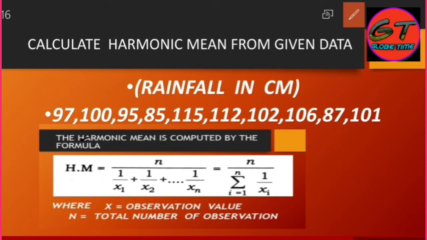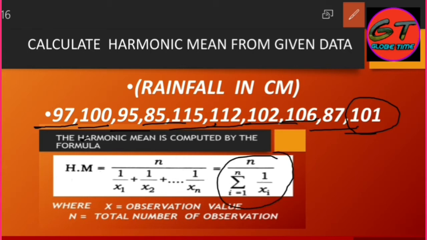In this data series, we see the observations are 97, 100, 95, 85, 115, 112, 102, 106, 87 and 101. And harmonic mean equals n by summation 1 by x.